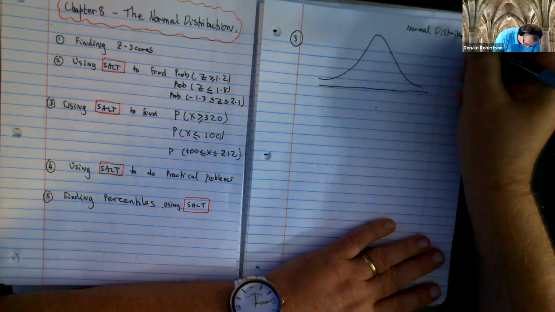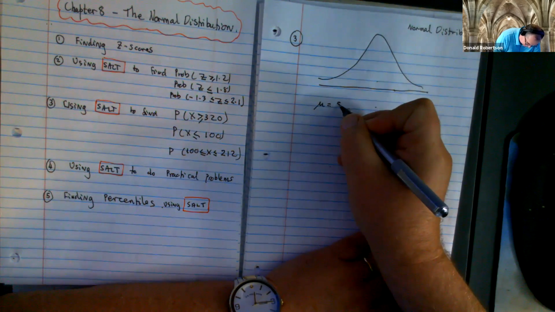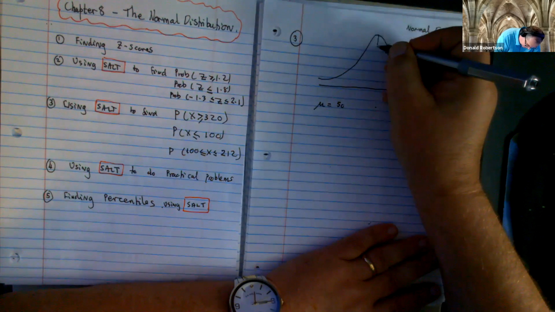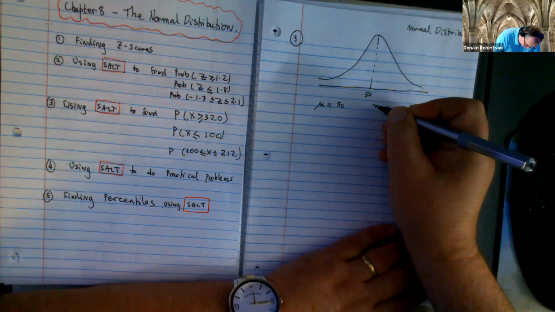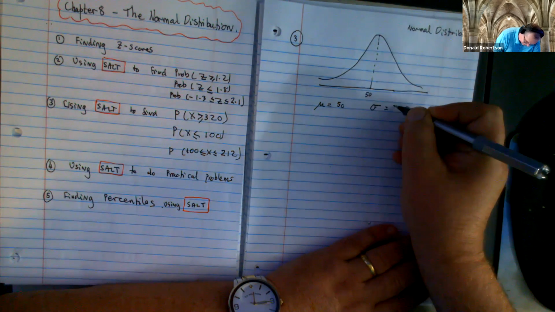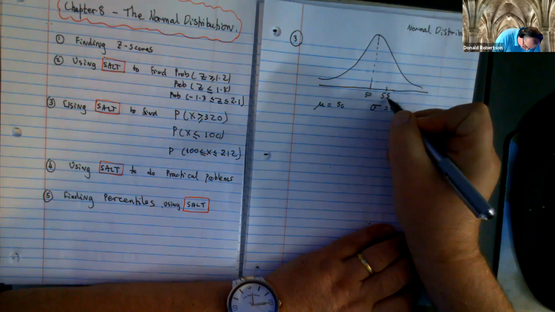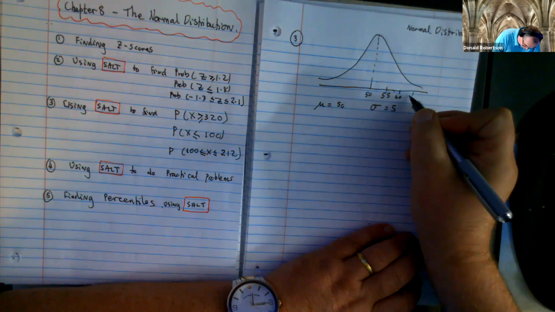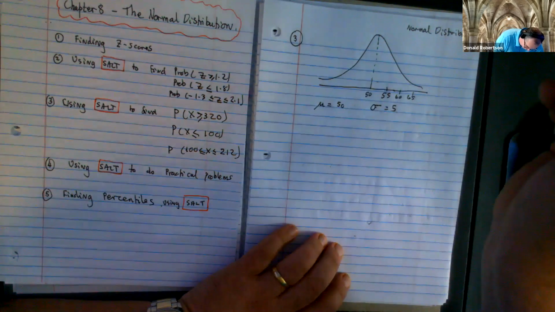So this is just one of many. Suppose I have a mean of 50. That means that guy right in there is 50. And let's suppose the standard deviation is 5. Then you can imagine the distribution of, I don't know, animals' weights. I suppose this is some kind of animal.